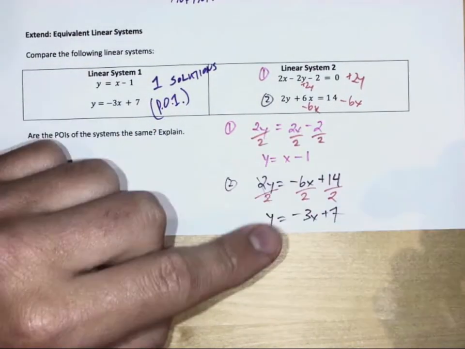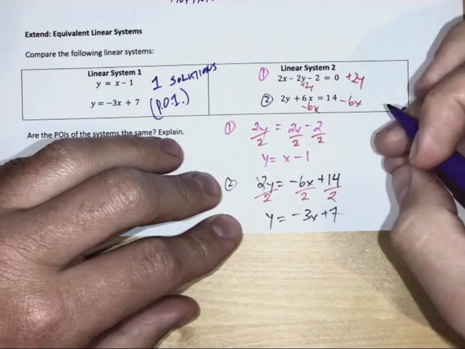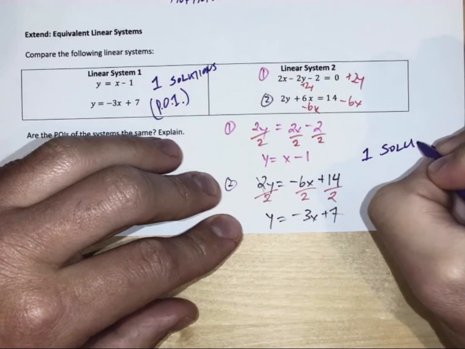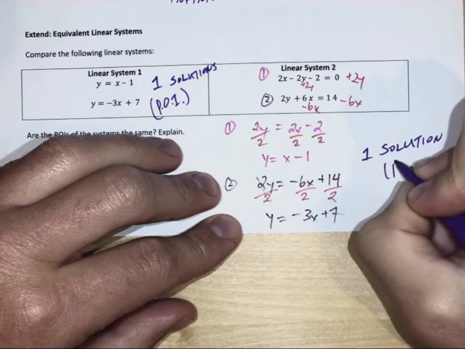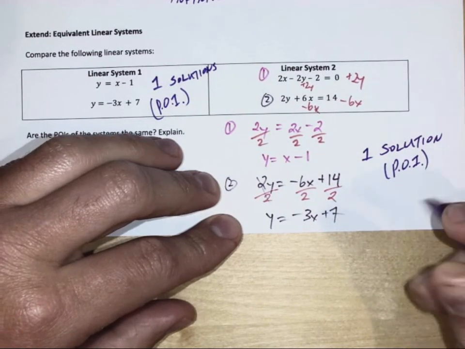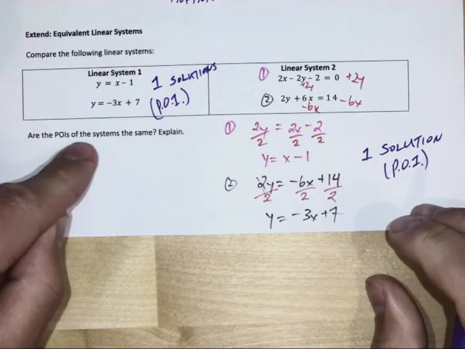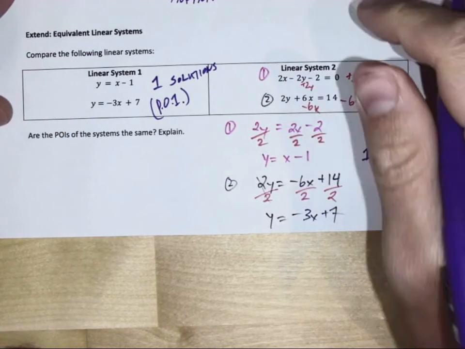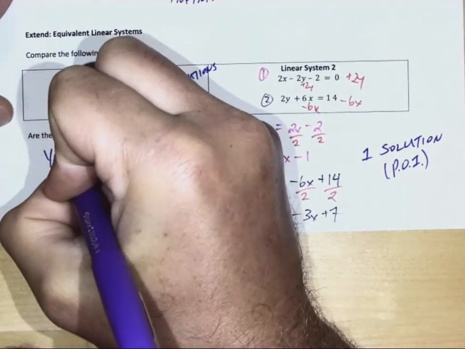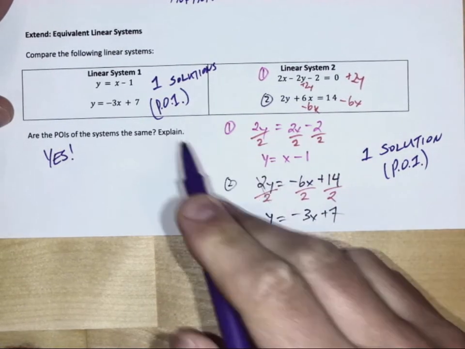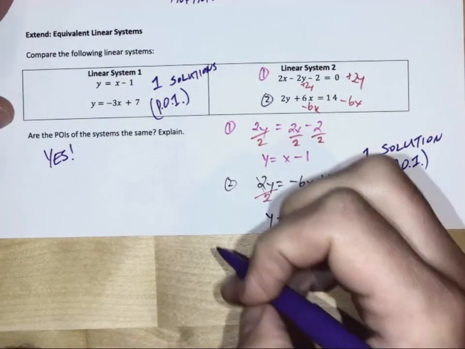Different slopes, different y-intercepts, so they would also have one solution or one point of intersection. One point where they cross. So would the points of intersection for these two systems be the same? Yes. Because they're the same sets of two lines.